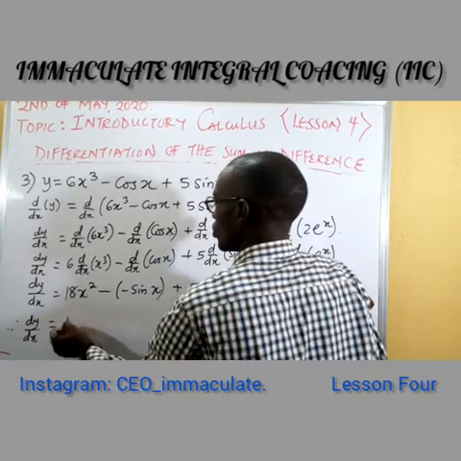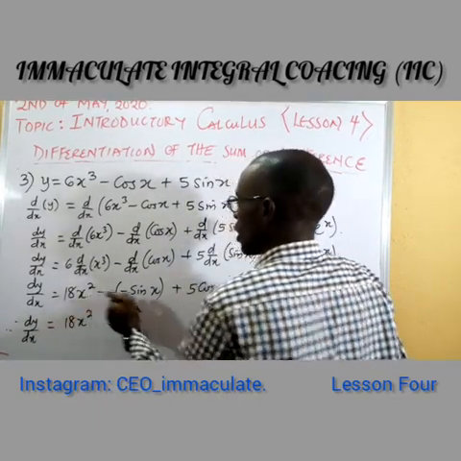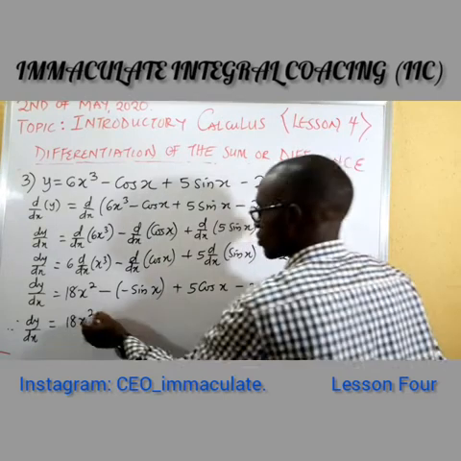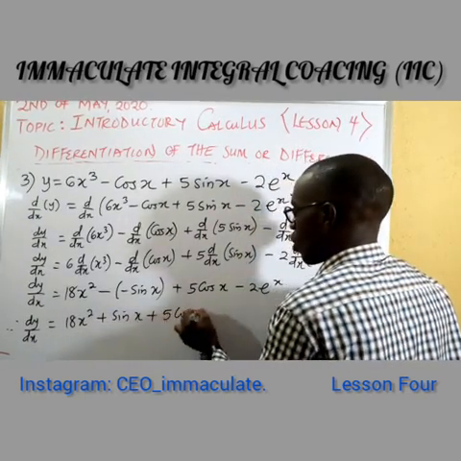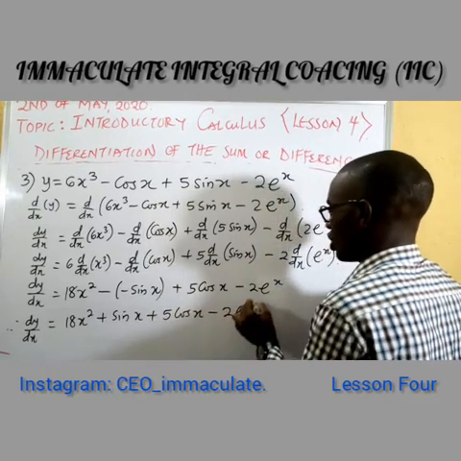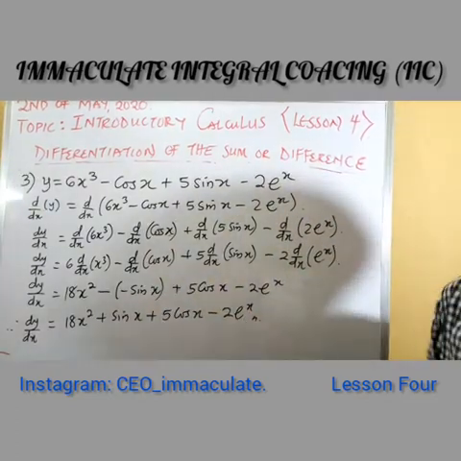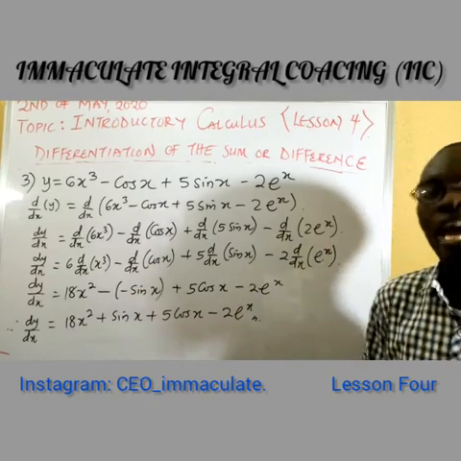It's going to be equal to 18x squared, minus times minus gives us plus, plus sin x plus 5 cos x minus 2e^x. This is our final answer. I hope you understand.